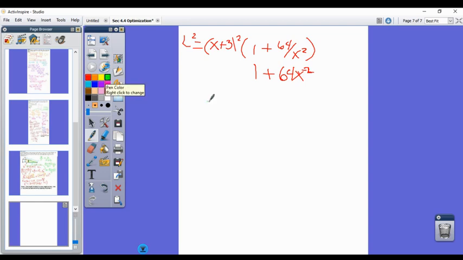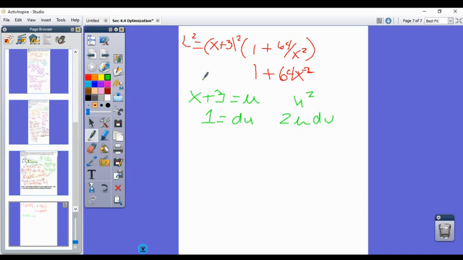Let's do the first part. The x plus 3 portion is my u, and the derivative of my u is just 1. Then we have u squared, and the derivative of that is 2u, which we multiply by du.